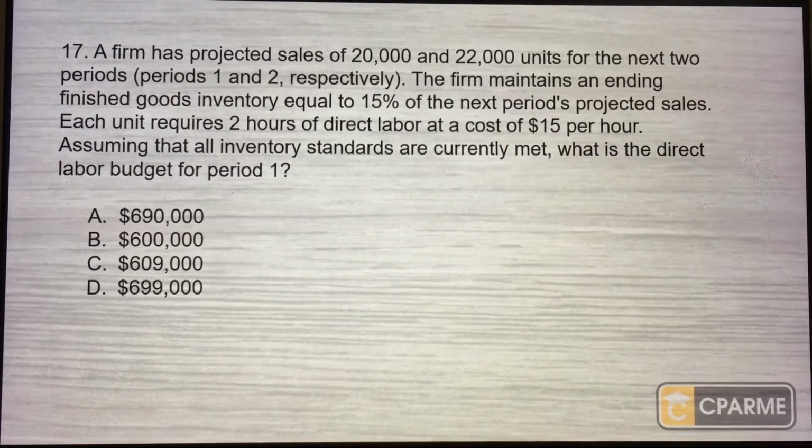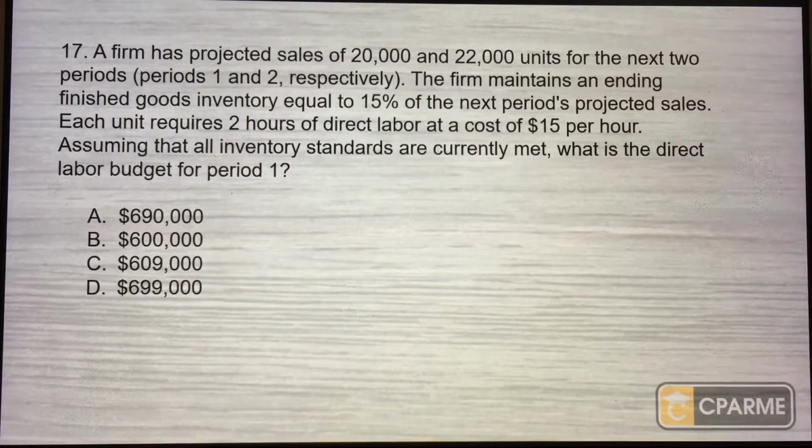Again, we start with the number of units sold, 20,000, plus the desired ending inventory, or the desired number of units to be maintained at the end of the period: 22,000 times 15%, less the beginning inventory, which is 20,000 times 15%.